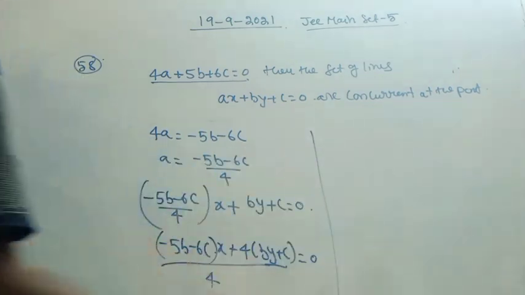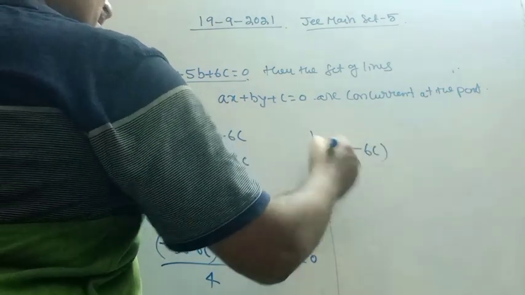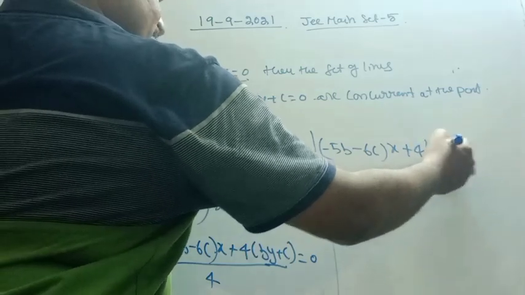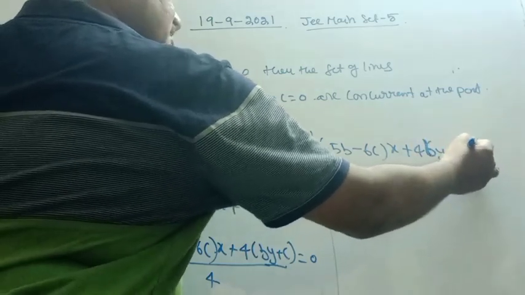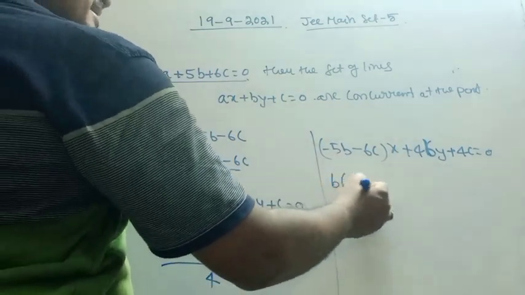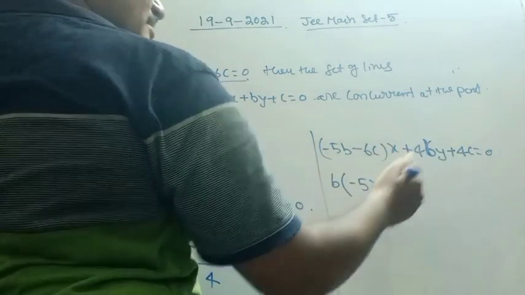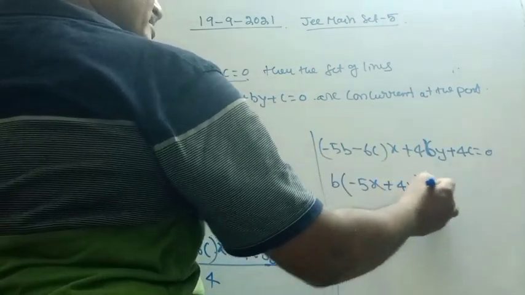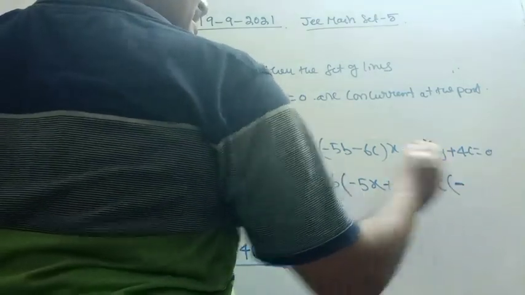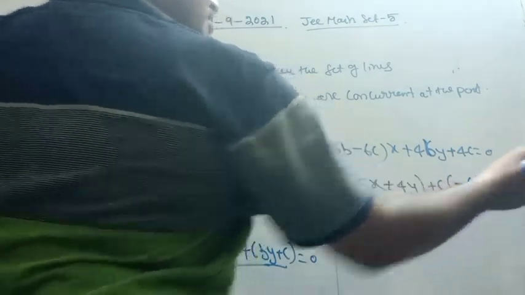Now this is minus 5b minus 6c x plus 4by plus 4c equal to 0. I will take b common, then I will get minus 5x plus 4y here, and I take c common, then I will have minus 6x plus 4 is equal to 0.